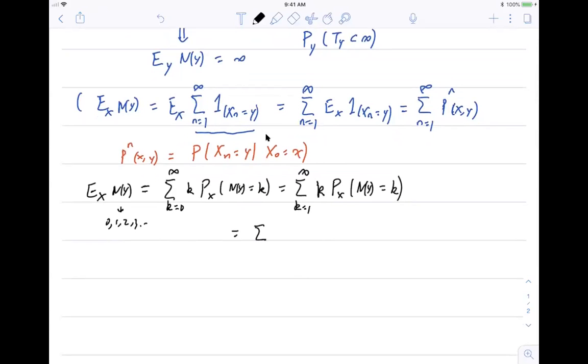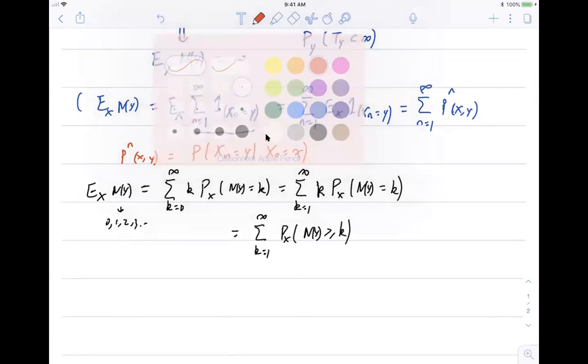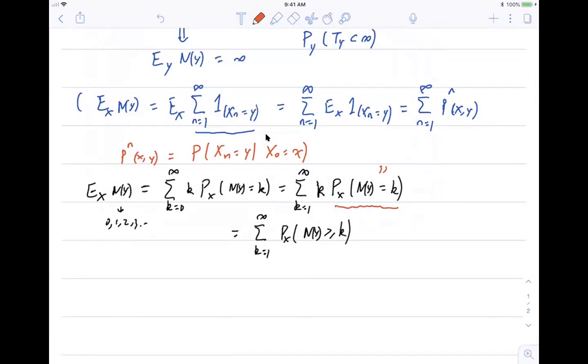We can rewrite it as the sum of the probability of the level set. You can check this simply by absorbing: this is the probability of N(y) at least k minus the probability of N(y) at least k plus 1, and you just telescope that, and you can find this.